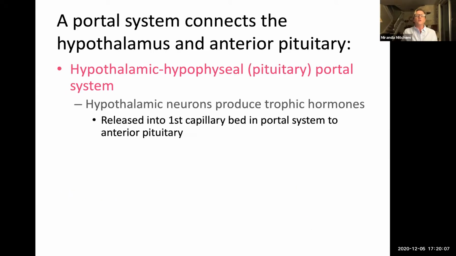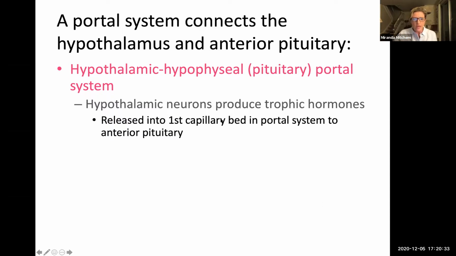All right, so let's talk a little bit more about the hypothalamus and the anterior pituitary gland. So we've got this portal system that we were looking at, the hypothalamic hypophyseal portal system. And this ties us into that property of trophic hormones, where one hormone is associated with regulating the release of another.